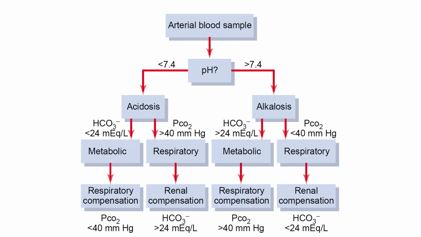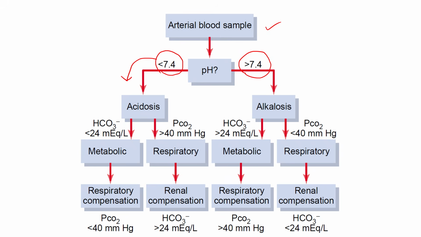So how will you determine whether it is compensated or not? So first check the value of pH. Is it less than 7.4 or more than 7.4? First we'll go with the less than. So less than 7.4, we call that acidosis.